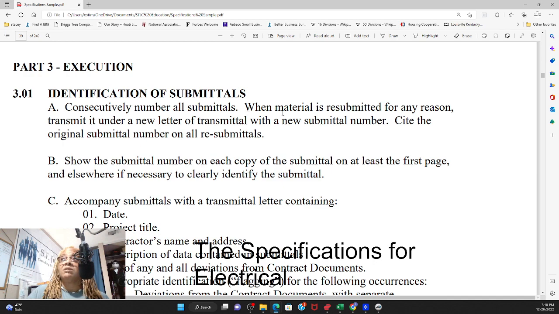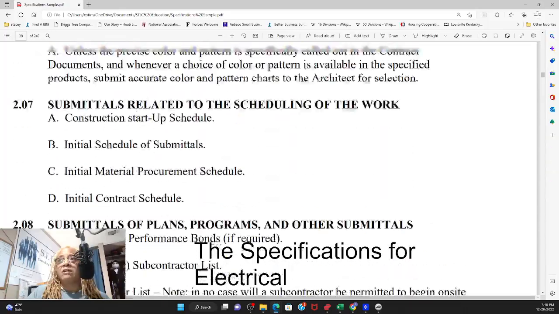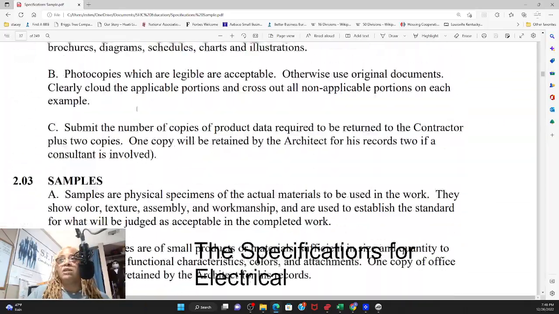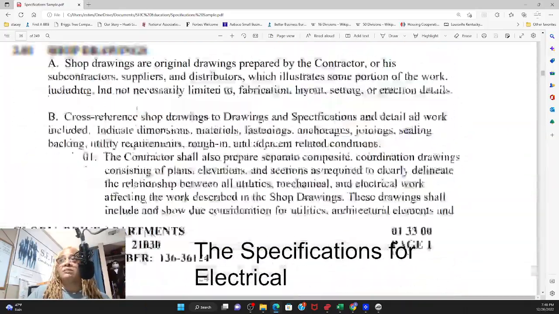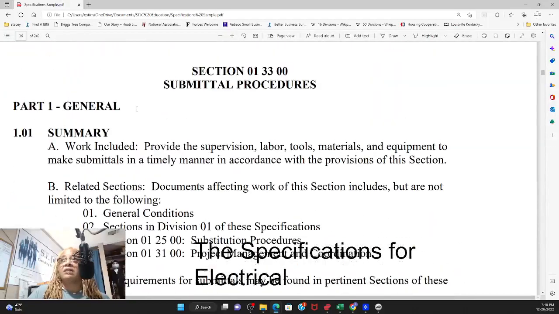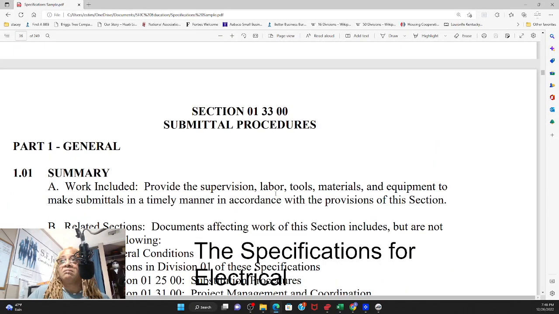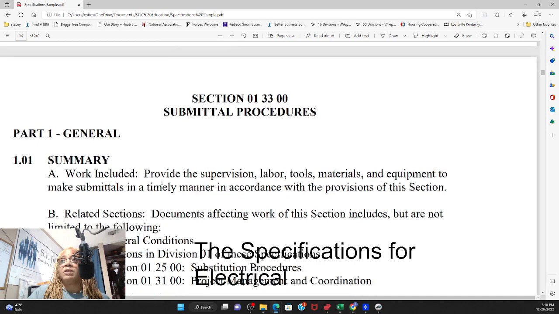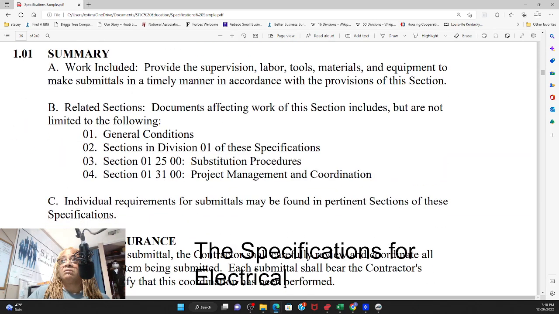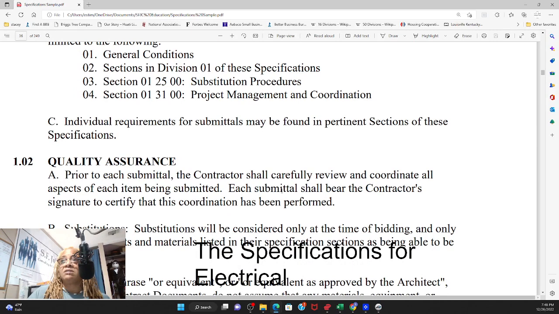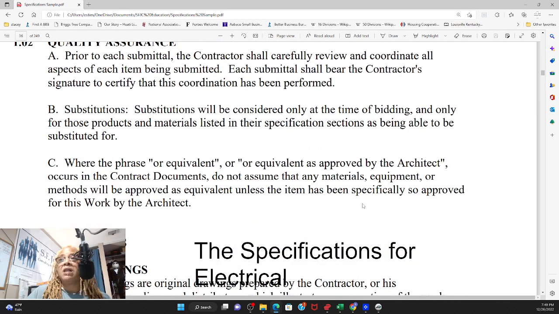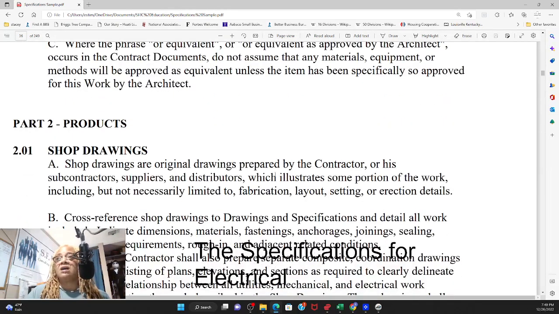The number all submittals, and see, this right here will make or break you, because if you don't follow the submittal procedure correctly, okay, you're going to be screwed. And so it's really important that you read through this, get some help if necessary, and see what applies to your scope of work and what does not.